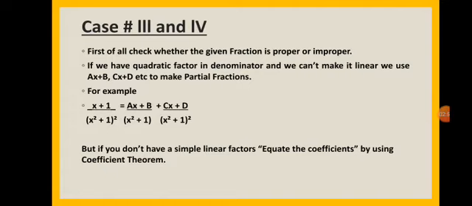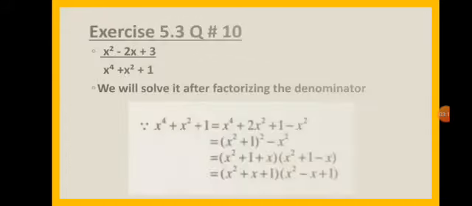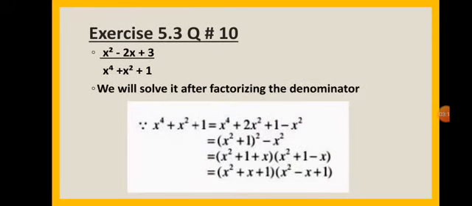Similarly, if x square plus 1 will have power 3, then we will make its three partial fractions, and if it has 4, we will make 4 partial fractions. This is the case number 3 and 4.